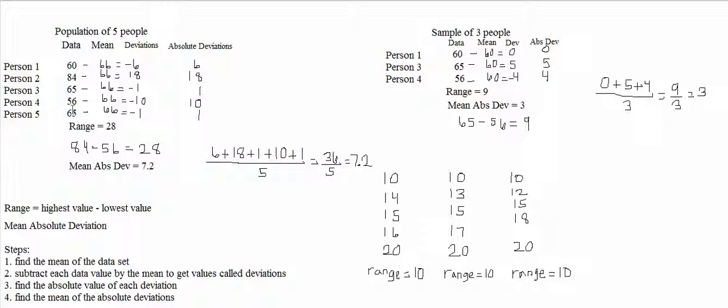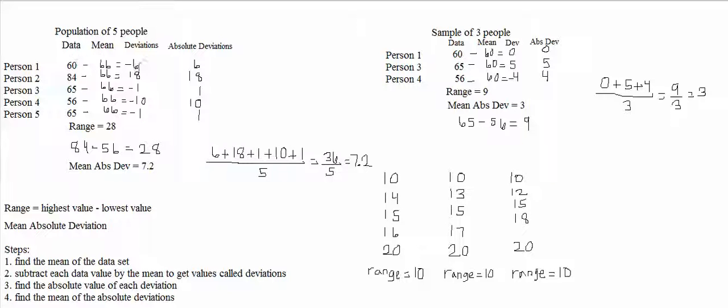Now you might be wondering why we didn't just find the mean of this column of numbers. Why didn't we just find the mean of the deviations? The problem is, if you try to add the deviations, they'll add up to 0. And that'll actually always happen, no matter what list of numbers you're dealing with.